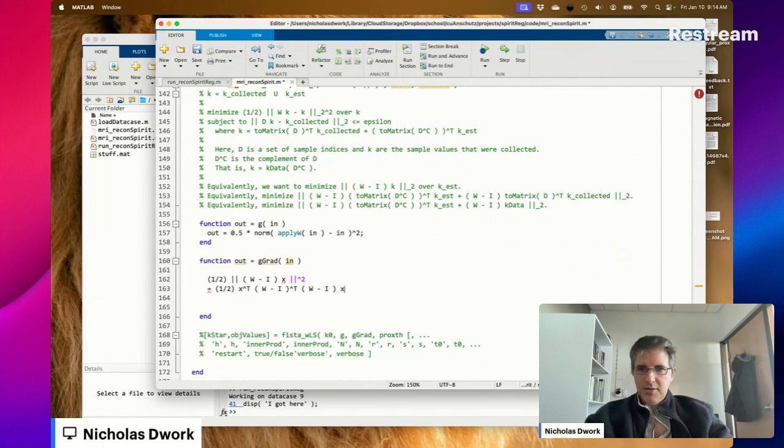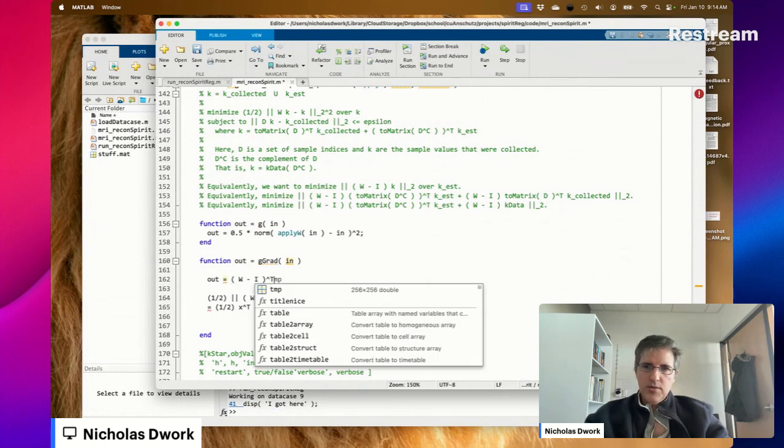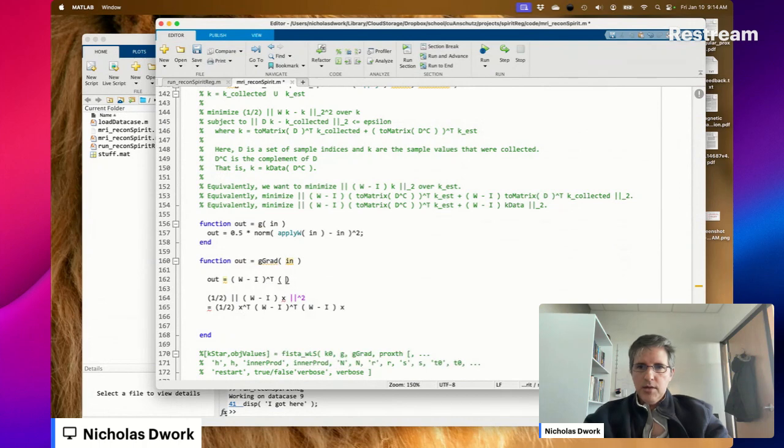I just said what the answer was. Okay. So the out is going to equal W minus I transpose times W minus I x.